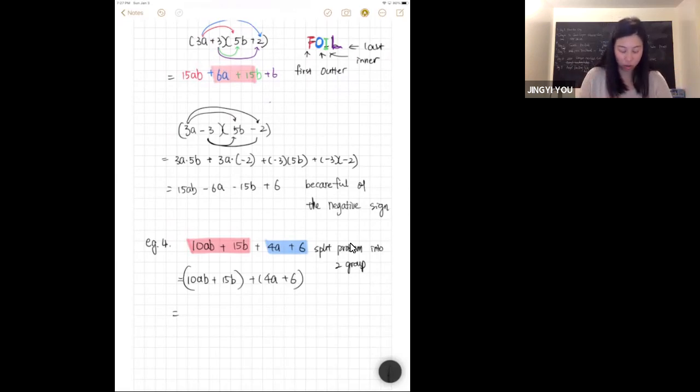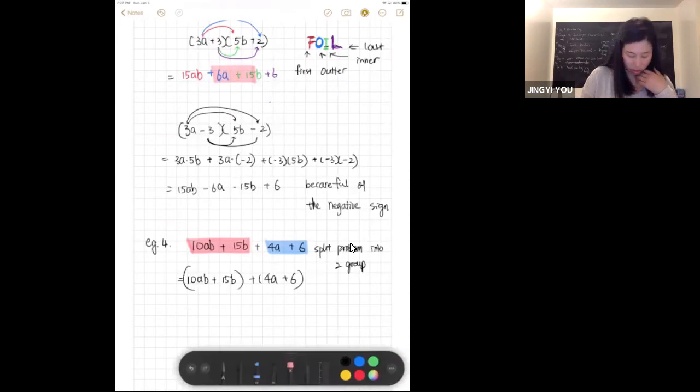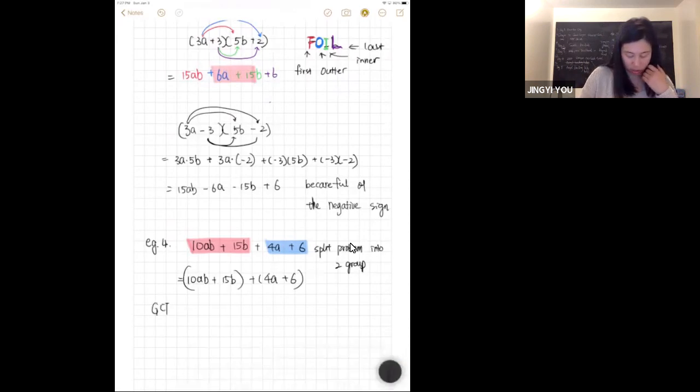So for the first group, the greatest common factor would be 5b. Now let's look at the second group. I have 4a and 6, so the common factor should be 2, right?